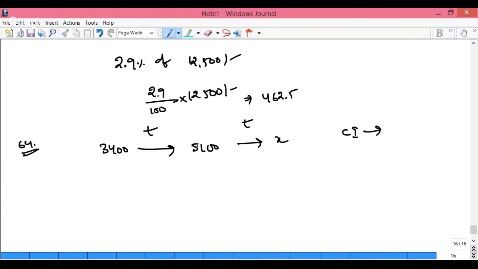Now, 3400, by how much proportion has it increased? It has increased by 3 by 2 proportion.